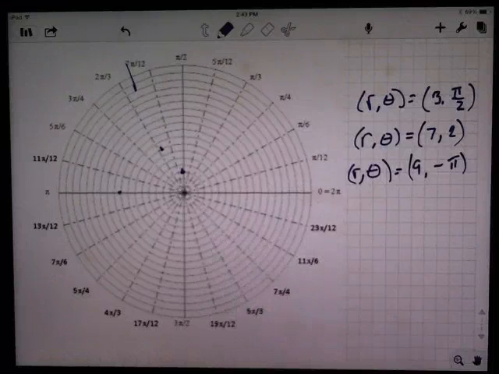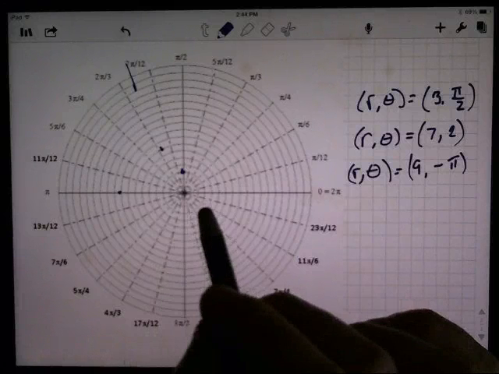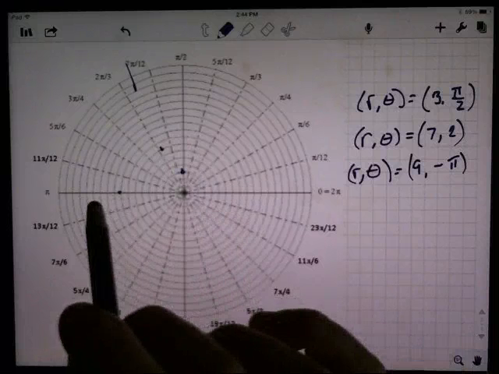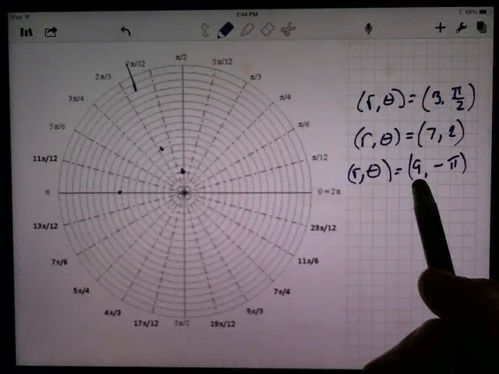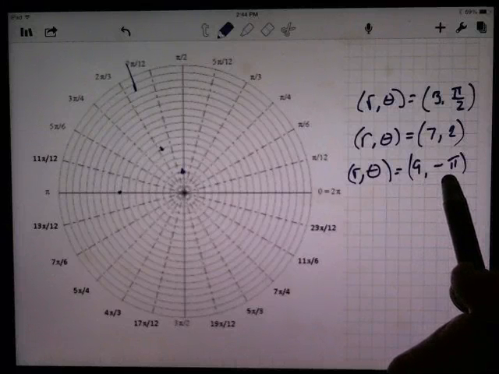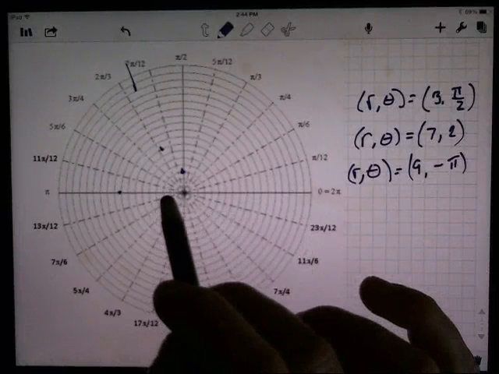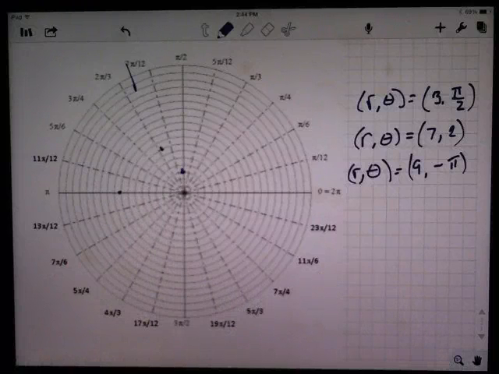That is, when I put an image on this, it behaves differently as I try to move things around. But anyway, notice I'm thinking in terms of x and y axis. I'm on the negative x axis, but I'm calling this r as positive 9, but the angle is negative pi. So I've turned through negative pi, and I move off a distance r.